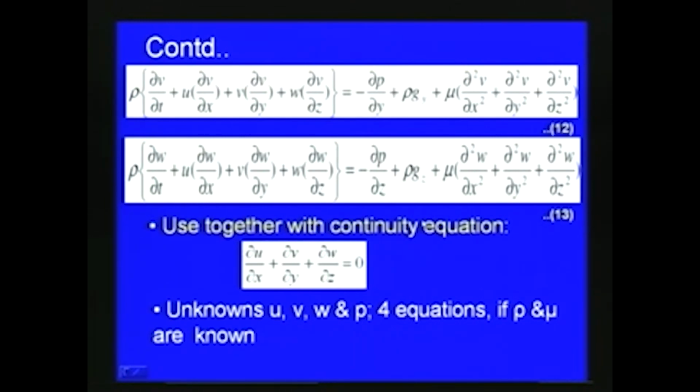Here we have 4 equations, and the unknowns are the velocity components u, v, w and the pressure, if the density and the viscosity are known for the problem. So, these are the Navier-Stokes equations in 3D, and we have also seen them in 2D. These are the fundamental equations for incompressible viscous fluid flow.